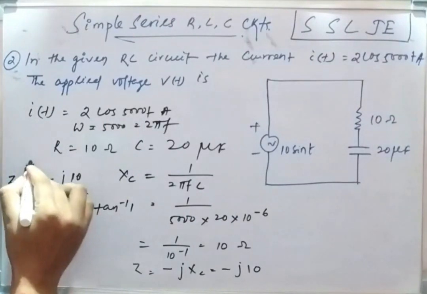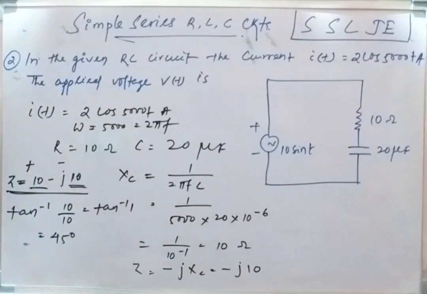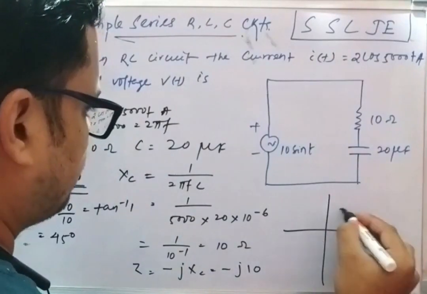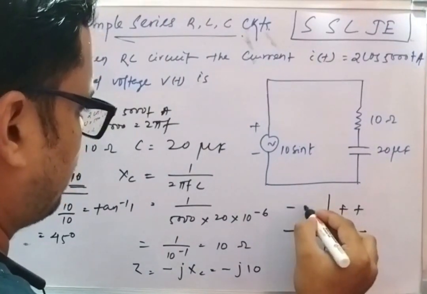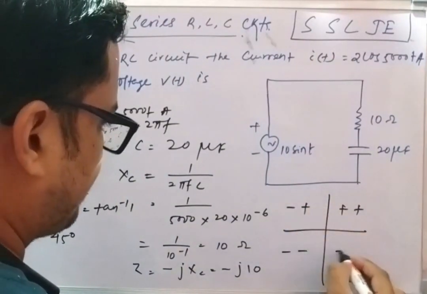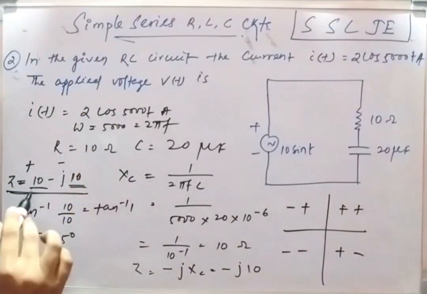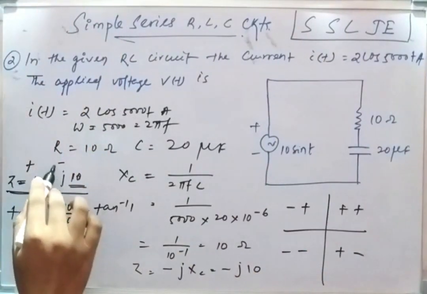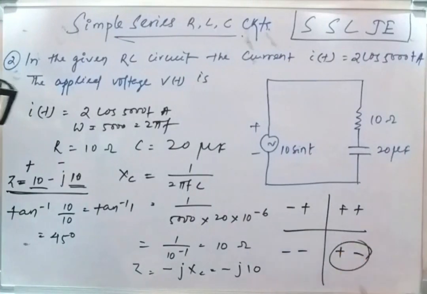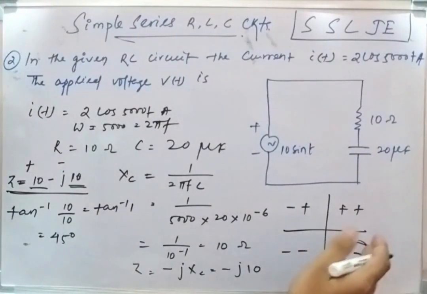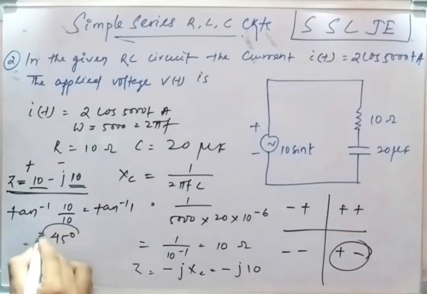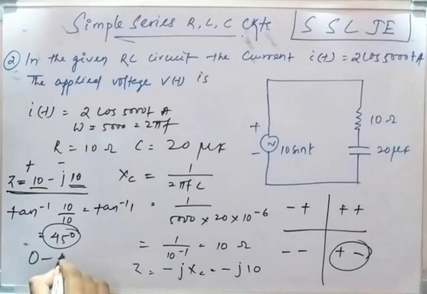So here sign is positive, here sign is negative. So it will come in the fourth quadrant, because real part is plus, imaginary part is minus. And for the fourth quadrant, you will subtract 45 degree from 0 degree. You will get minus 45 degree.